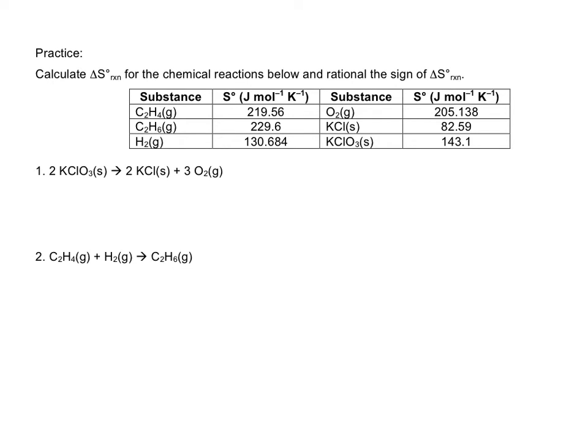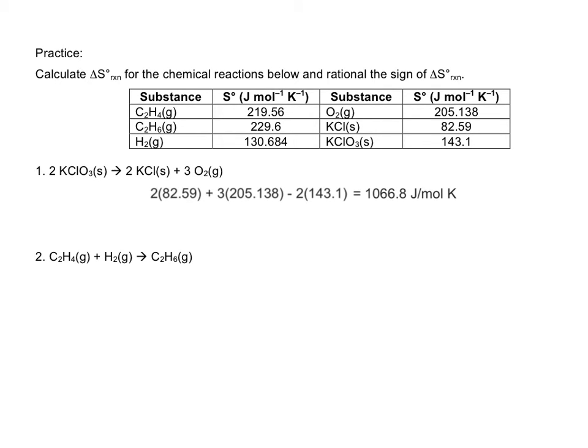So we'd need to do the products minus the reactants, so it'll be 2 times the entropy of KCl, which is 82.59, plus 3 times the entropy of O2, which is 205.138, minus the entropies for the reactants, which is just going to be 2 times the entropy for KClO3, which is 143.1. All right, if we multiply all those out and add, subtract, we end up with a value of 1,066.8 joules per mole Kelvin.